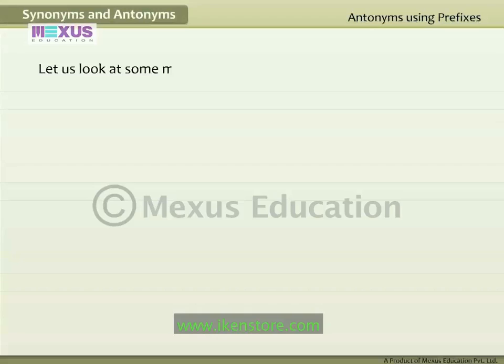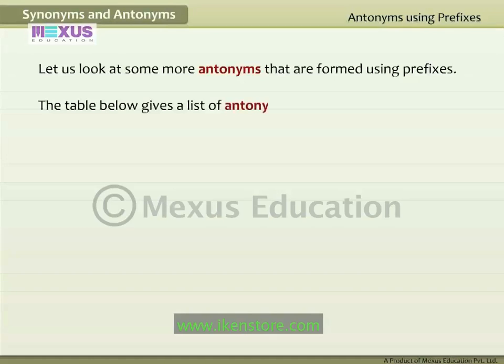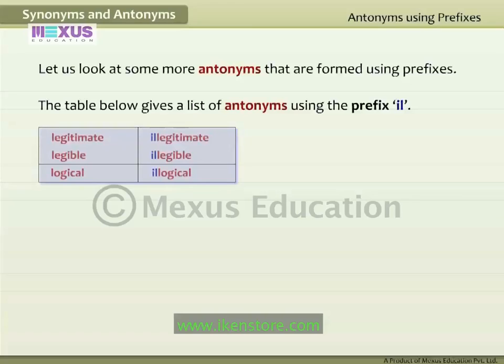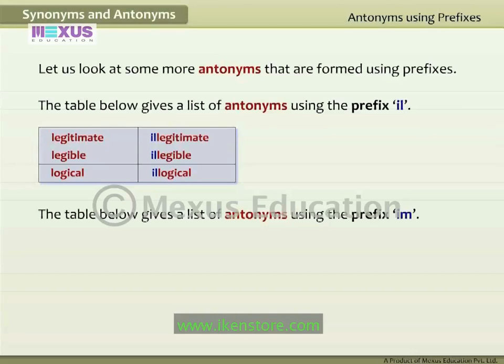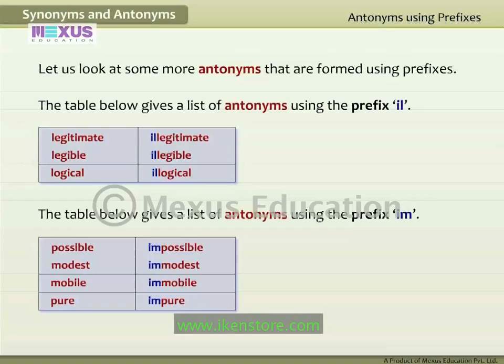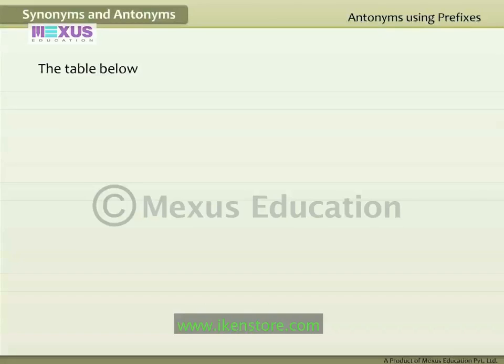Let us look at some more antonyms that are formed using prefixes. The table below gives a list of antonyms using the prefix il. The table below gives a list of antonyms using the prefix im. The table below gives a list of antonyms using the prefix ir.